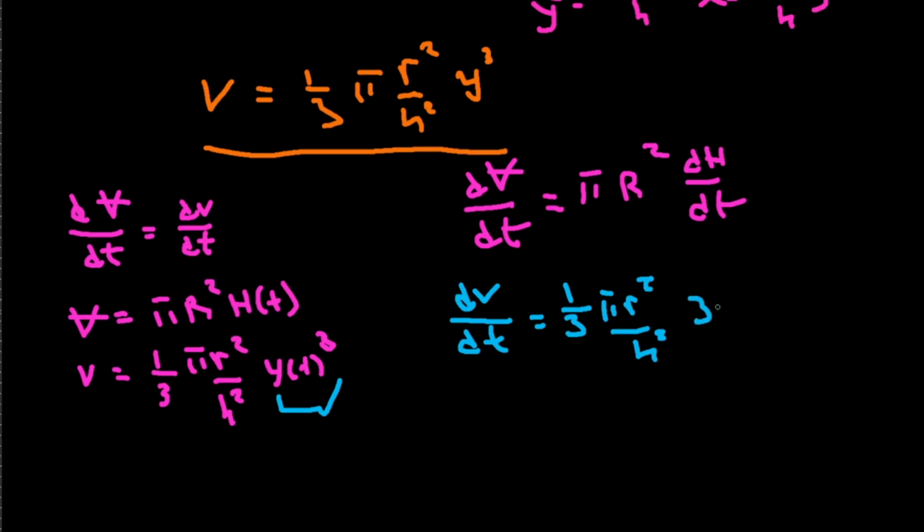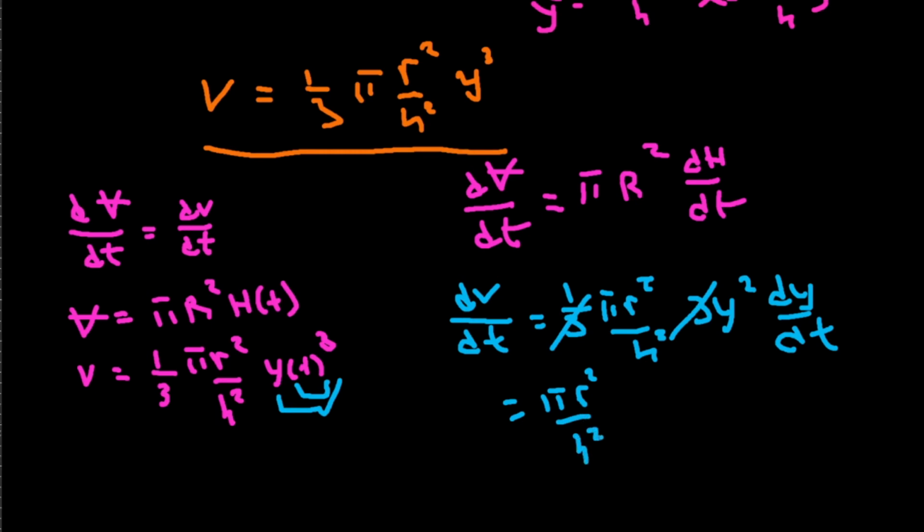That's going to be 3, and I'm just going to omit the of t part here, y squared dy dt, due to chain rule. And this 3 cancels out, and we can tidy this up by writing this as pi r squared over h squared y squared dy dt.